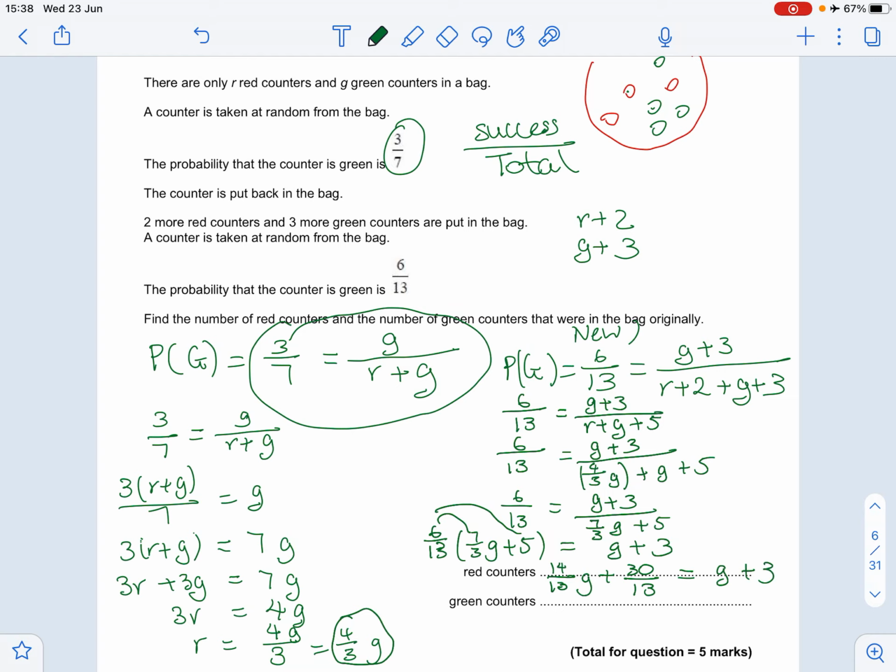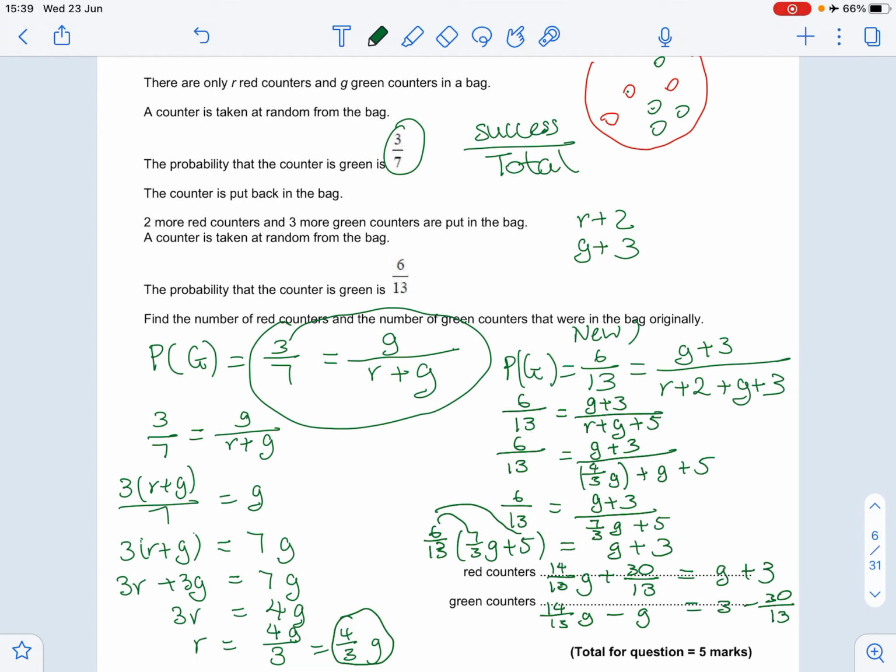Okay, let's just rearrange our equation. So making G on one side of the equation, so 14 over 13G minus G is the same as 3 minus 30 over 13.